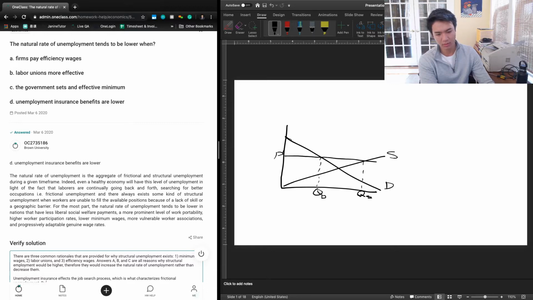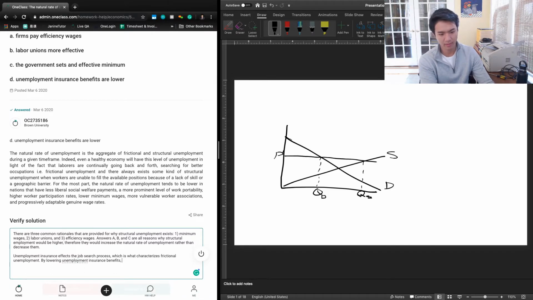By lowering unemployment insurance benefits, the government increases the incentive for workers to speed up their job search process and thereby decreases both frictional and the natural rate of unemployment.